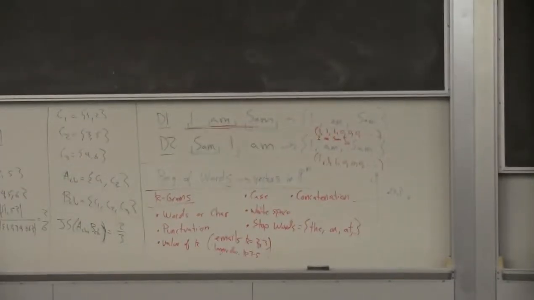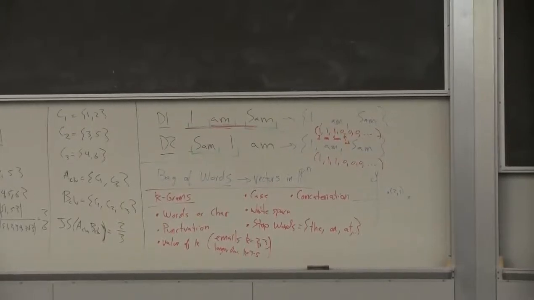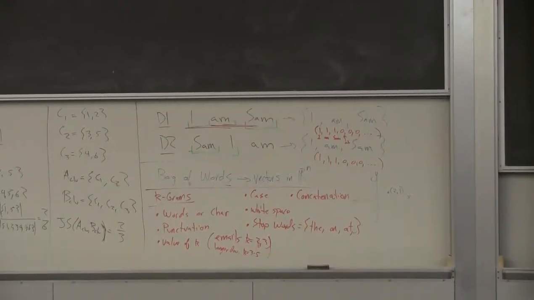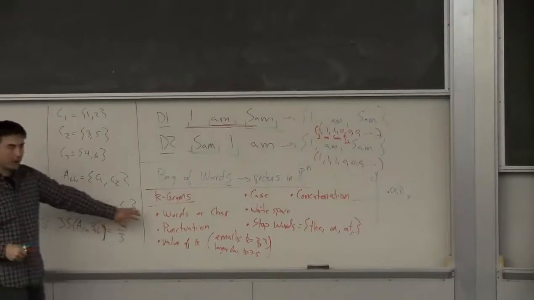This issue usually didn't come up until recently, before people were using text messages and Twitter so much. Most of the text people work with was much longer, but now this may be an interesting thing to consider. So if you're trying to model this text and determine the similarity between documents, you have to consider all of these choices here.